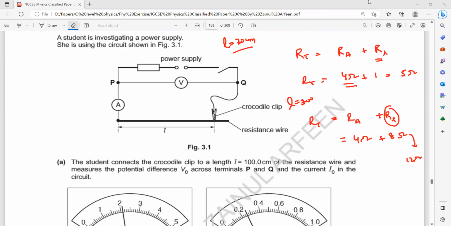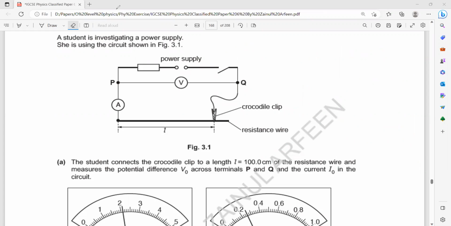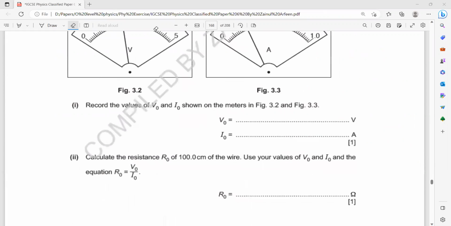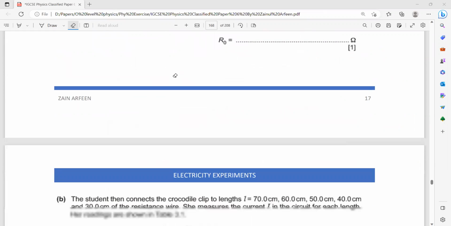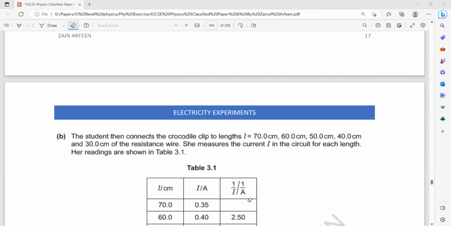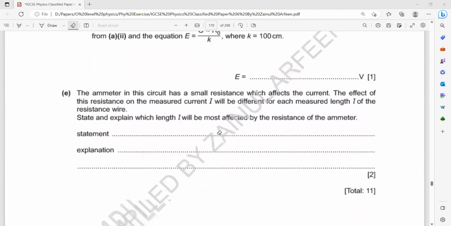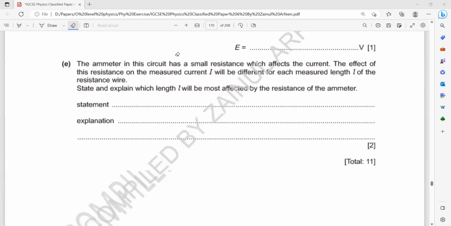Is this clear? Under what condition will the ammeter resistance be more considerable, so that it affects the current? So this is the question: the ammeter in the circuit has a small resistance. State and explain which length is most affected by the resistance of the ammeter. So we'll mention that the 30 centimeter length will have a greater effect.